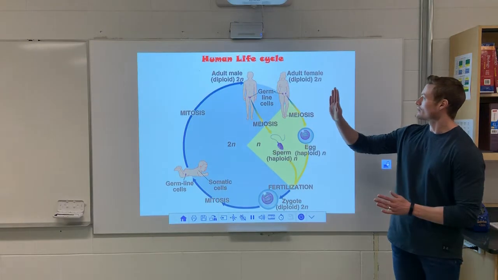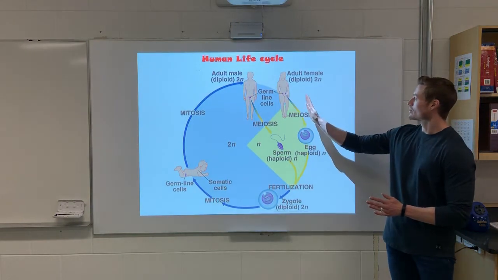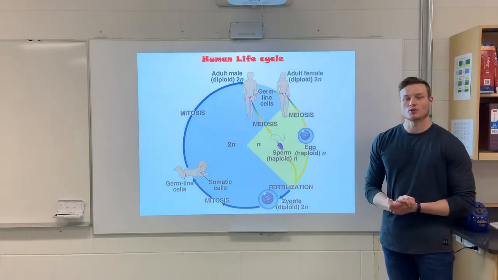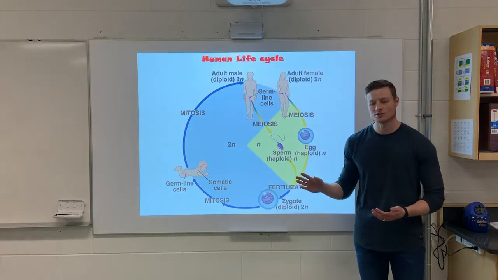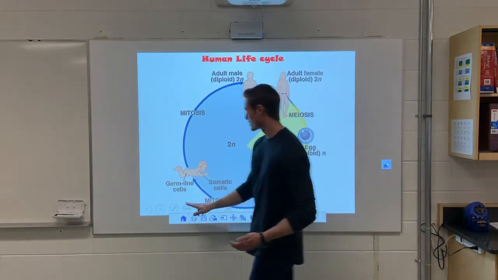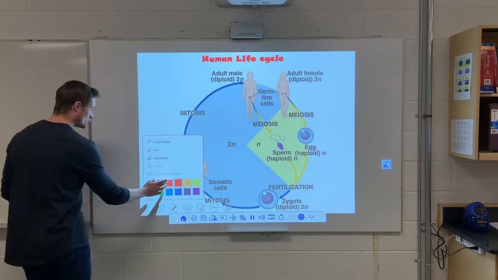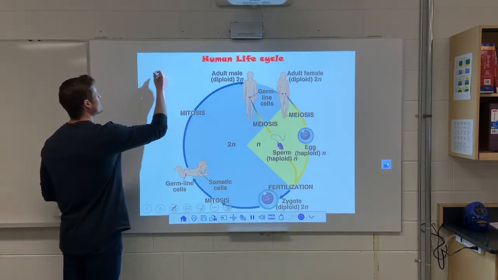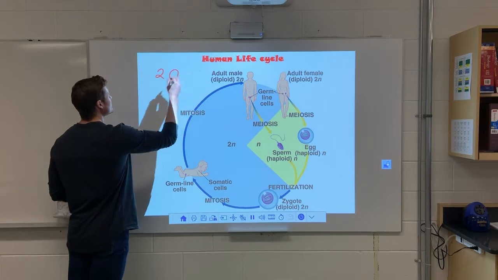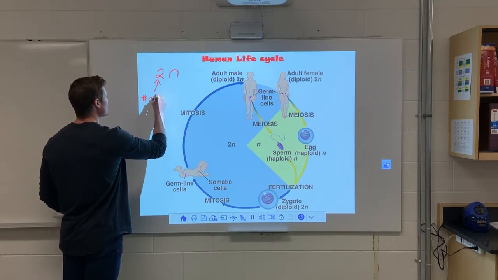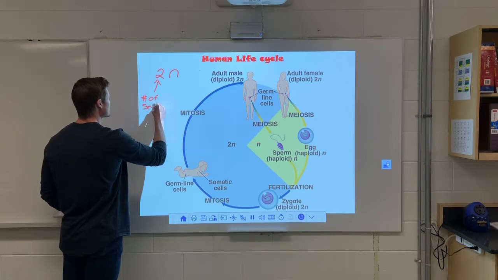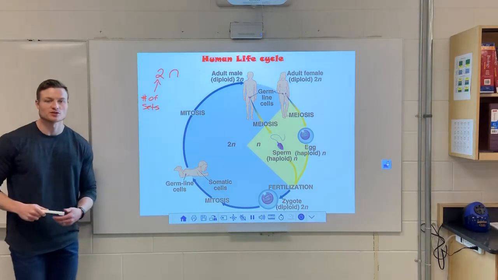So we have an adult male and an adult female. They are both diploid organisms. Diploid means two sets of chromosomes. So in this case, humans are 2N. The 2 refers to the number of sets. So we have two sets of chromosomes, right?